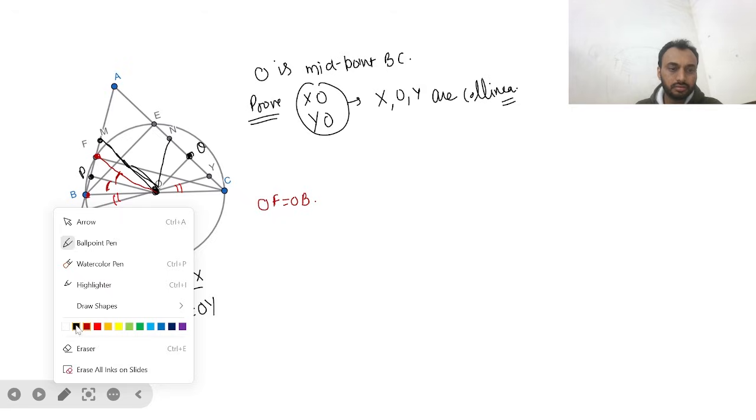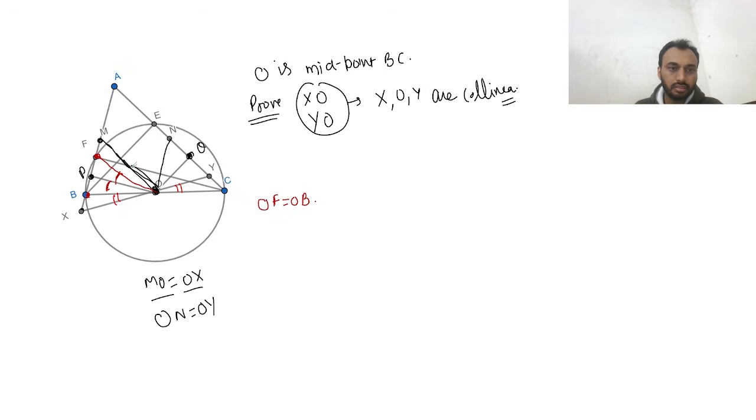And this angle is equal to this one, right? Angle MOP is equal to angle POX, and also angle FOP is equal to POB.